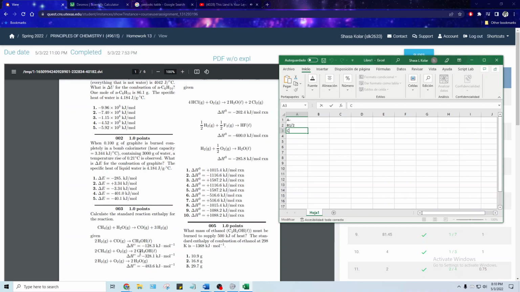This is going to be half. I'm trying to make sure I do this right, because I know I messed up one of these in my notes when I was doing homework. So we do have to flip this because we need the H2 on this side. So this will be flipped, so negative. And then we only have 1 H2 on this side, so we're going to have to half this.